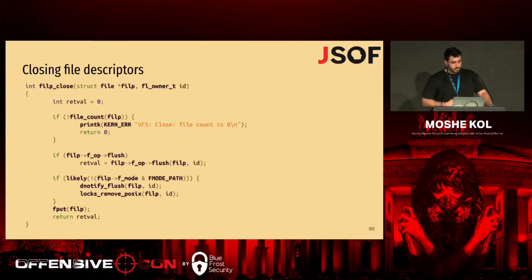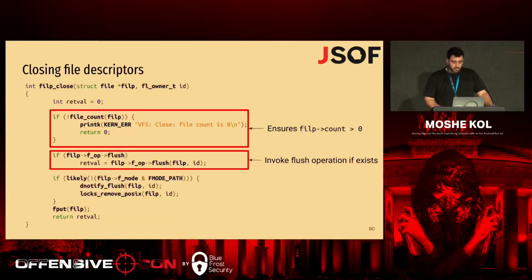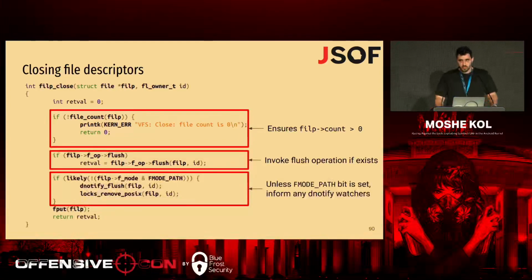So let's see what happens when we close a file in the kernel. First it checks the count of the file, and ensures that it's greater than 0. Then it invokes the flush operation if this pointer exists. And then, unless the FMODE_PATH bit is set, it informs any dnotify watchers.